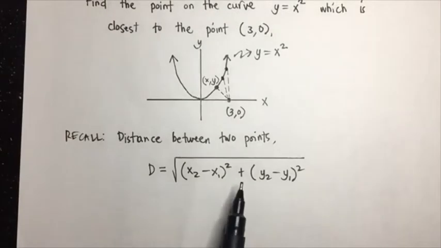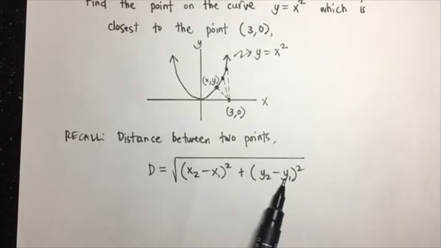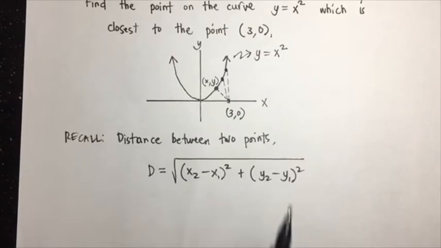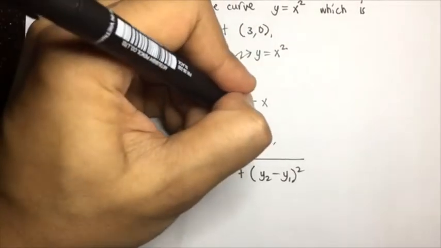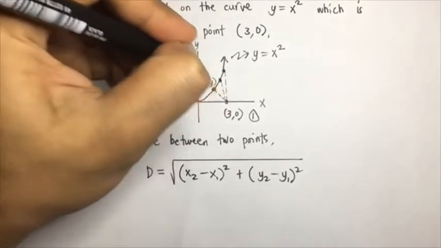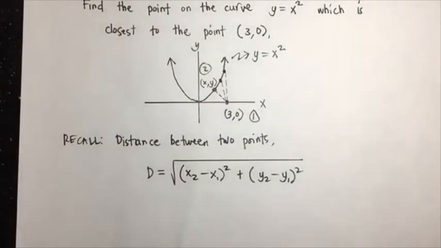Where x1 and y1 are the coordinates of the first point, and x2, y2 are the coordinates of the second point. So let's say this is our first point, and this is our second point.